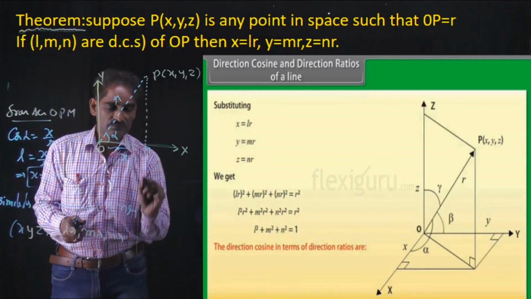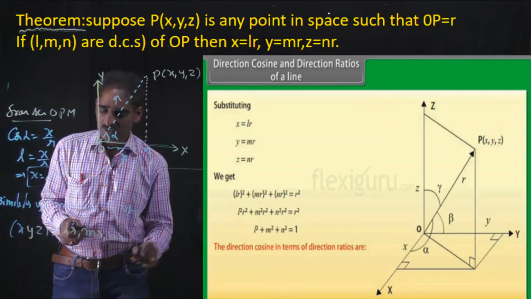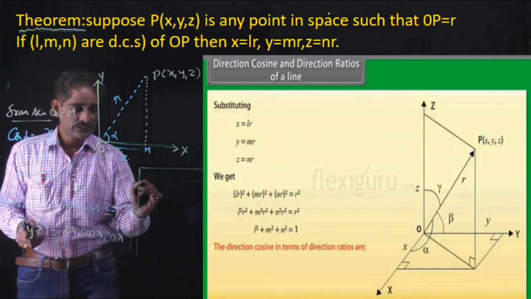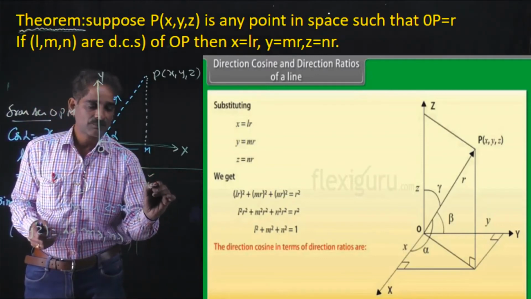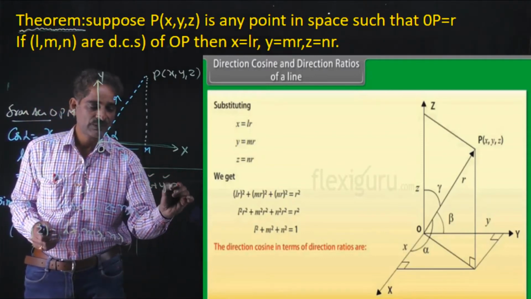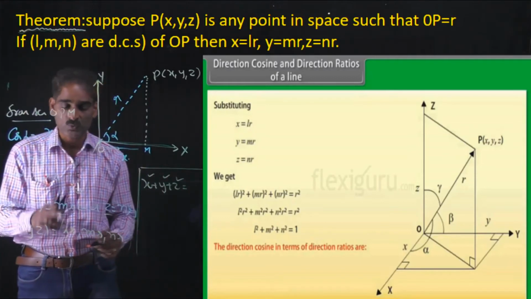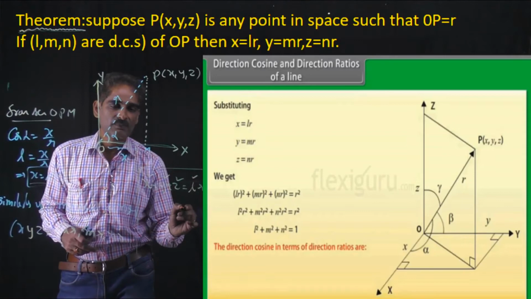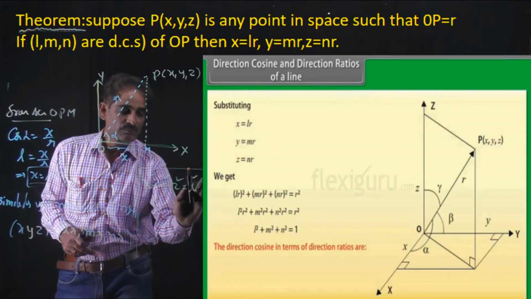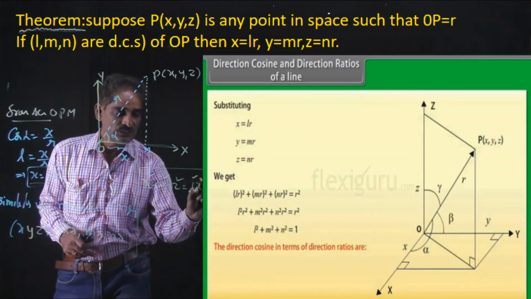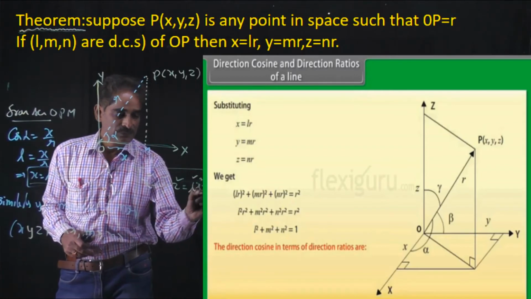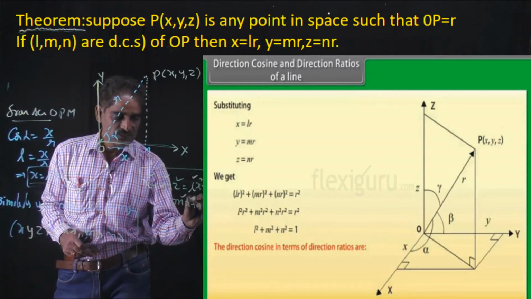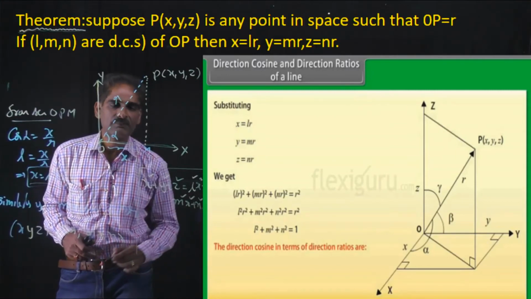Otherwise, it is very easy. Just squaring and adding these 3 values. Then what will happen? x square plus y square plus z square is equal to l square r square plus m square r square plus n square r square.